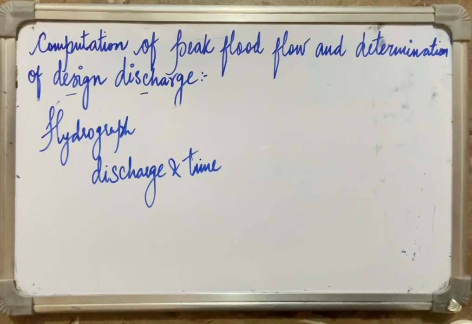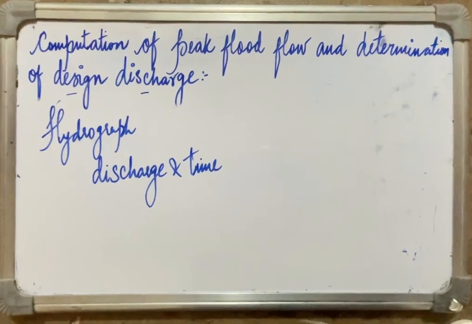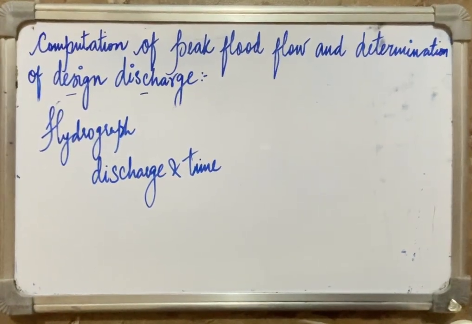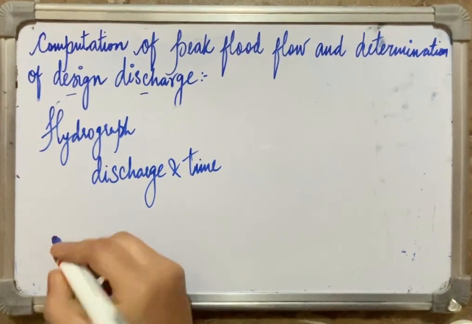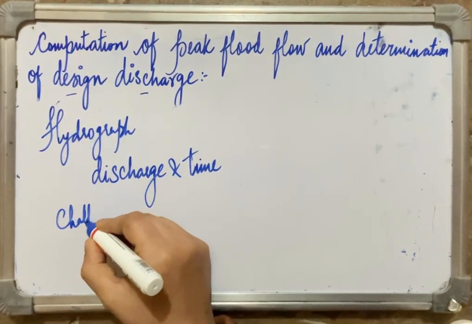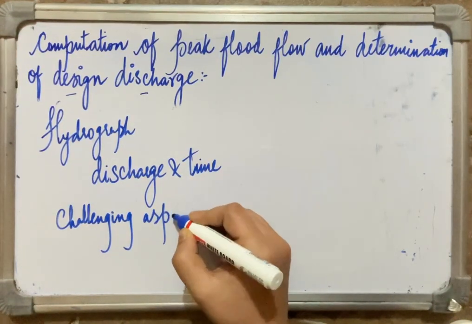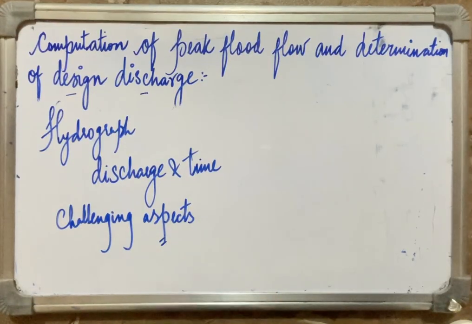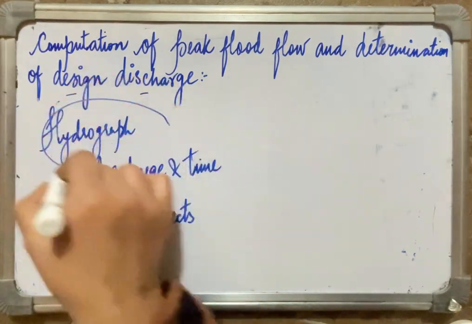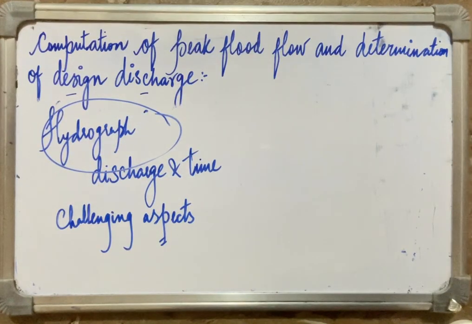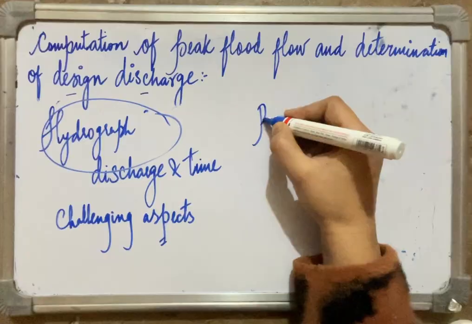So the prediction of peak discharge rates or synthesizing complete discharge hydrographs for use in the design of minor and major bridge structures are two of the most challenging aspects of bridge hydrology.